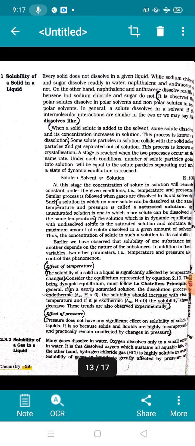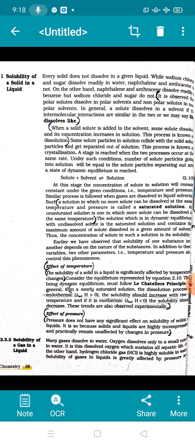Now, solubility of a solid in a liquid. The first kind of solution we are talking about is solid solutes, and how they dissolve in a liquid. It is observed, as I mentioned just now, that sodium chloride dissolves in water but doesn't dissolve in benzene, whereas naphthalene dissolves in benzene but doesn't dissolve in water. So what do we understand by this?